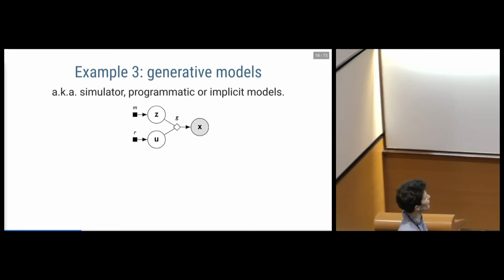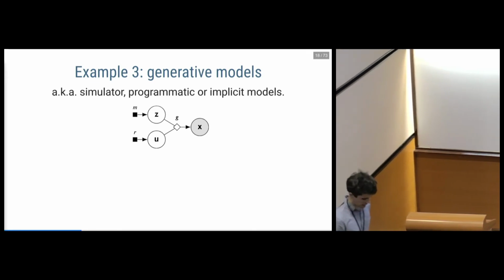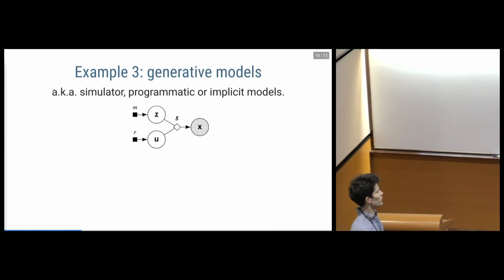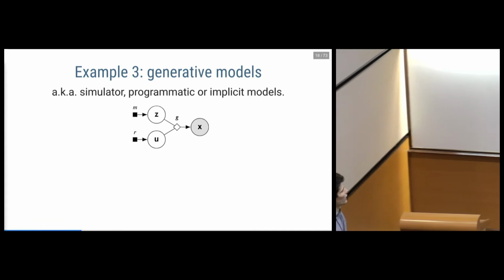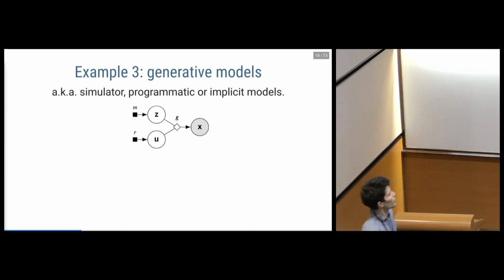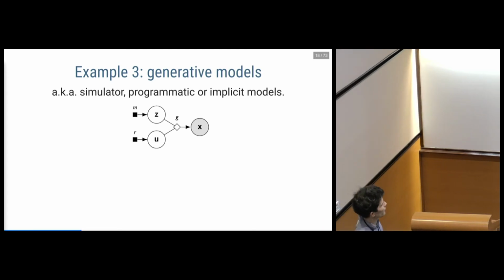So the idea here is that we don't necessarily have an explicit probability distribution defined over the observation variables and the parameters of interest, but instead we've usually in code defined some function which, given the values of some parameters z, and access to a random number generator, which here I'm just going to concatenate all of the outputs which feed into this simulator into this U vector, will output a simulated observation x.